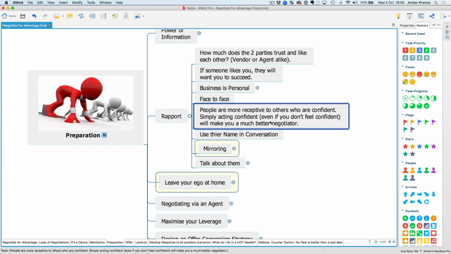Now, always remember, business is personal. Never use the phrase "it's only business, it's not personal." If you lowball somebody or you give them an offer, never use that phrase. Try and do as much rapport building face to face. People are more receptive to others who are present, and always show confidence.